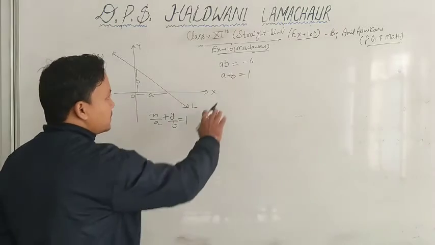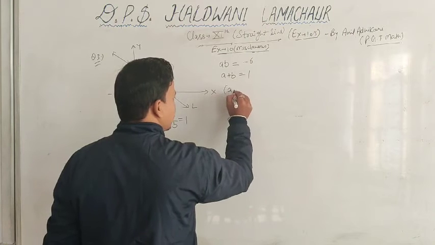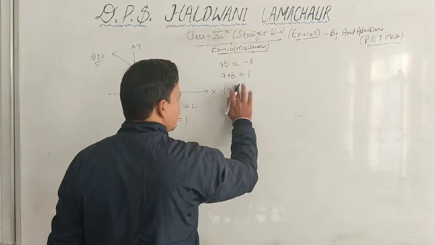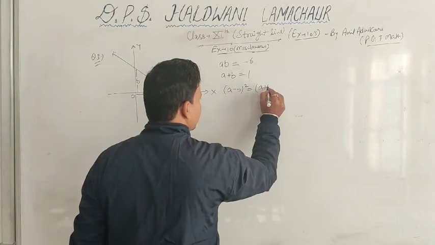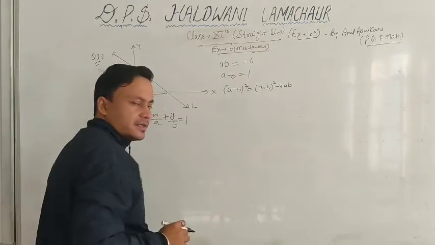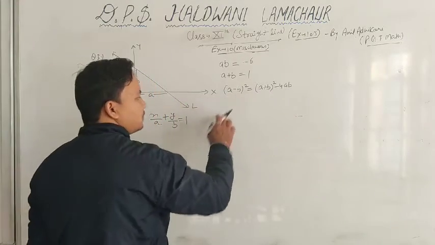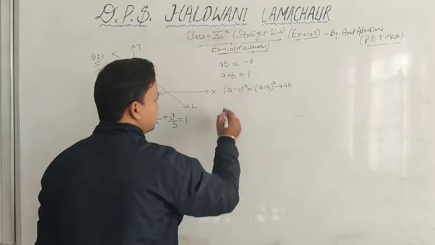First we will find the values of A and B. There is an identity: A minus B whole square equals A plus B whole square minus 4AB. We will use this identity so that we can find the value of A minus B, since A plus B is given.